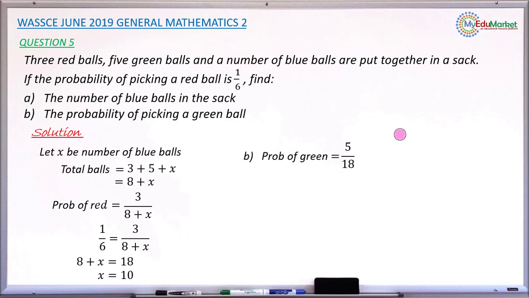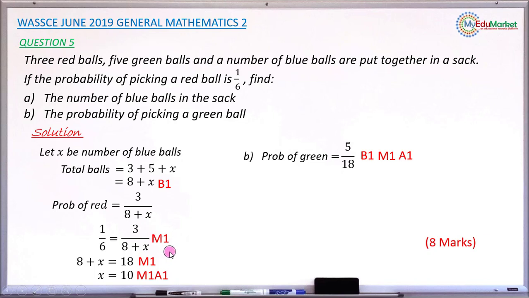So let me share with you the mark distribution for this question as it is contained in the marking scheme. The very first mark is a bonus 1 mark. You have this bonus 1 mark when you have the correct expression for the total number of balls as 8 plus X. Next mark is substituting correctly in your attempt to find the probability of selecting a red ball; you have this M1 mark.